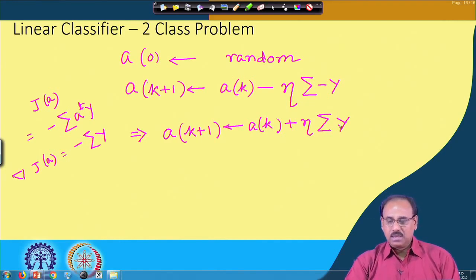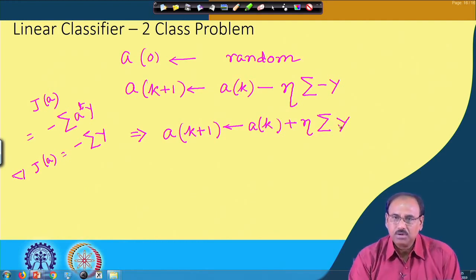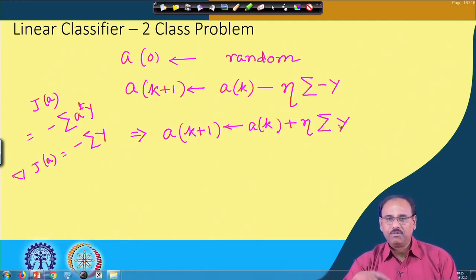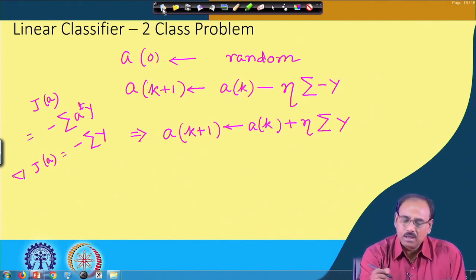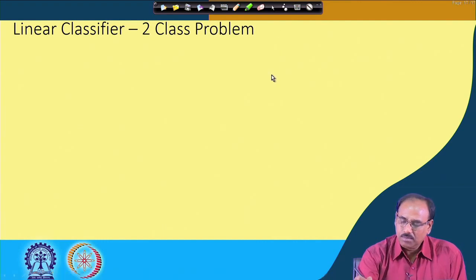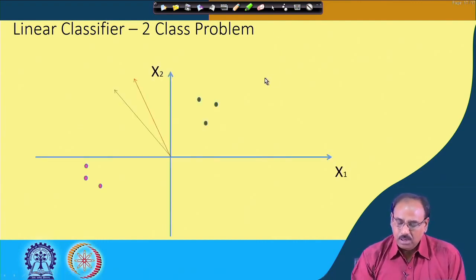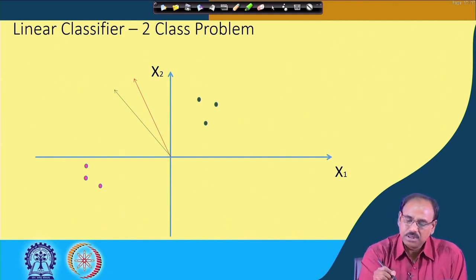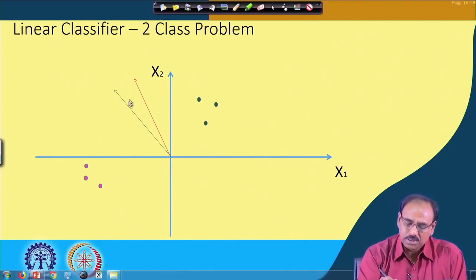So, given this, now let us see how this updation rule actually tries to refine A k plus 1, the weight vector, so that eventually the weight vector falls in the solution region. This is my solution region.